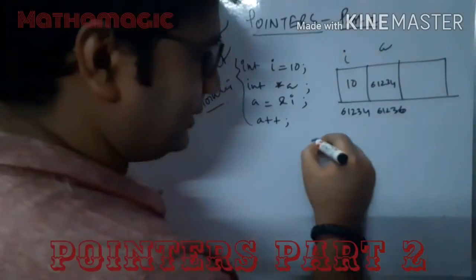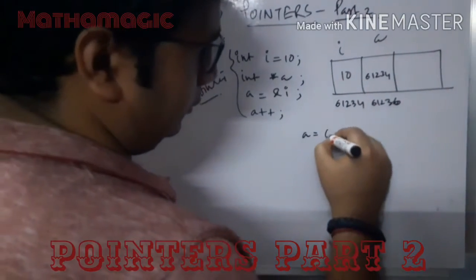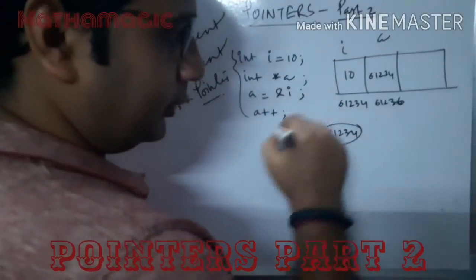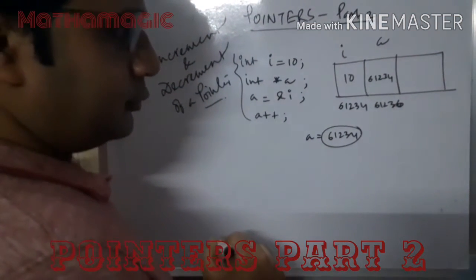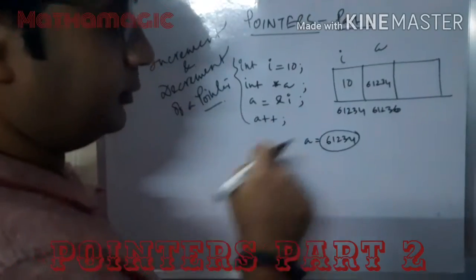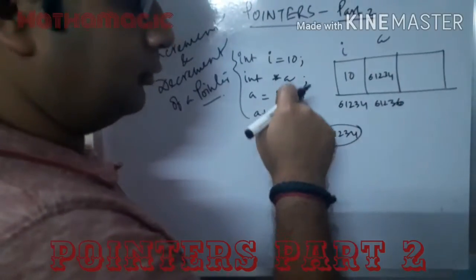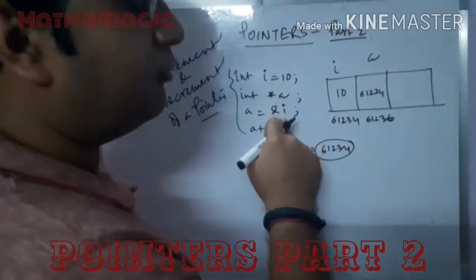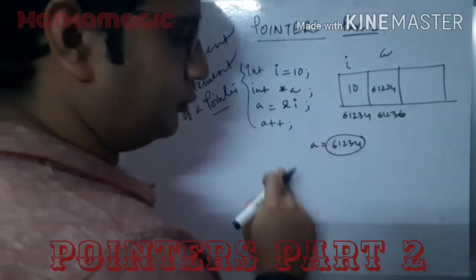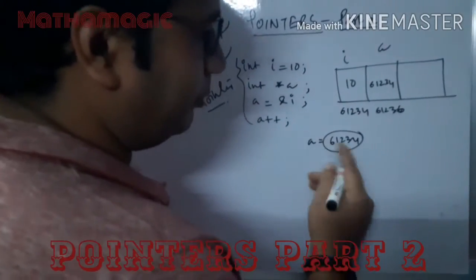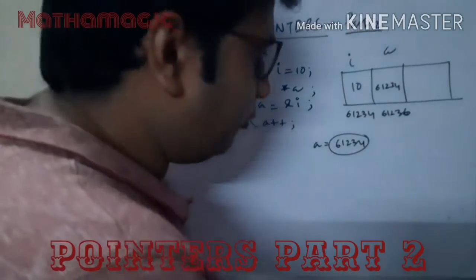So what is the value of the pointer right now? 61234, right? Is it true or not? Yes, it is of course true, because the value of the pointer variable a is the address of i. So this is 61234. So what will be the next value? a++ means it gets incremented by 1.